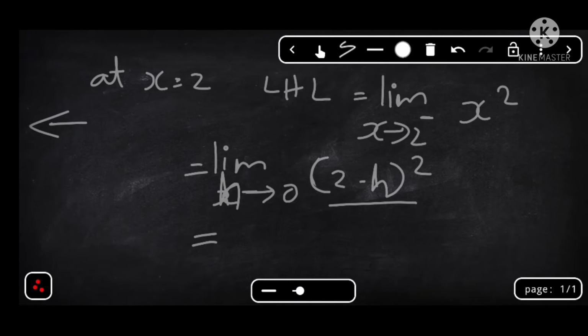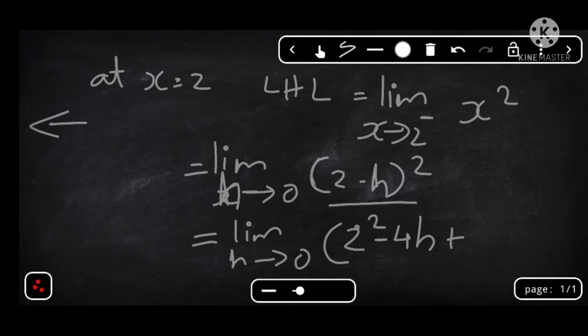So this is going to be 2 square minus 4h plus h square. Okay, this is what we will obtain.